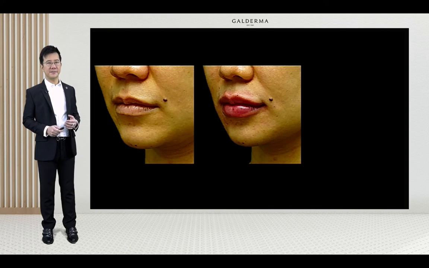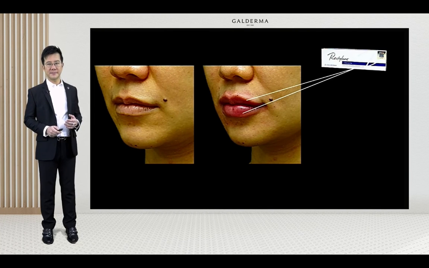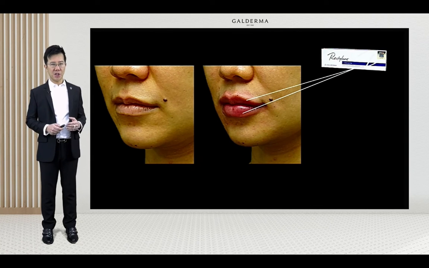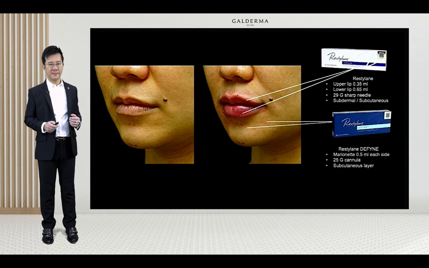In this case, I use Vaseline to create definition of the lip, 0.35 mm on the upper lips and 0.65 mm on the lower lip. And Vaseline define at the malleolate area, 0.5 mm each side.